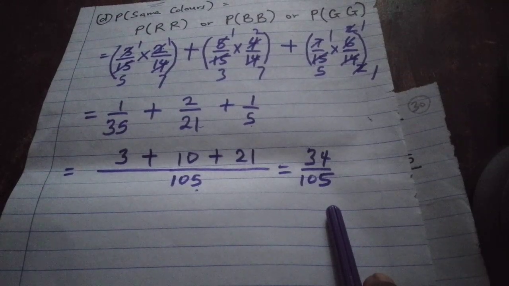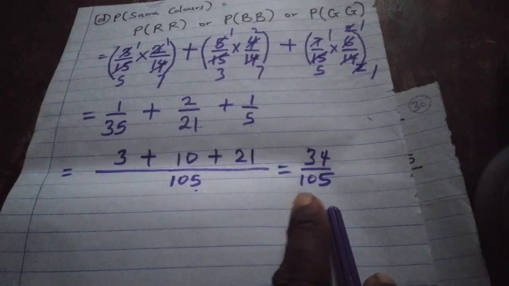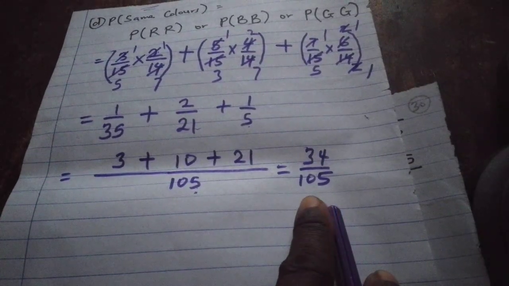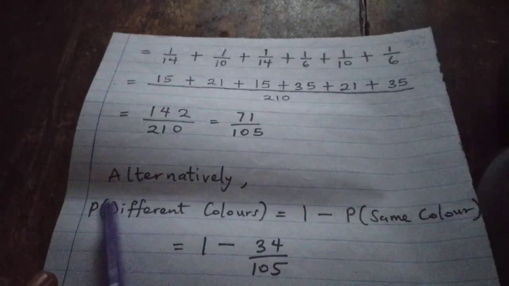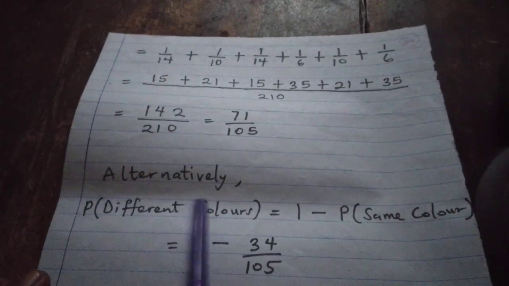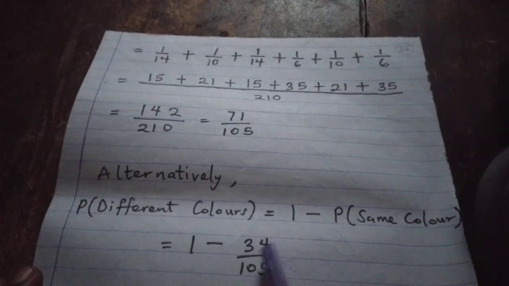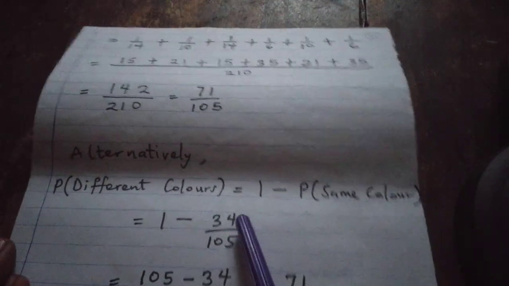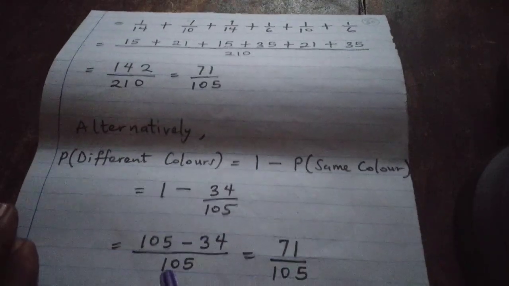So to know the probability of picking different colors, we just subtract this 34 over 105 from one whole number. So alternatively, the probability of different colors is equal to 1 minus the probability of picking the same color. We have found the probability of picking the same color to be 34 over 105. Just subtract it from one whole number.